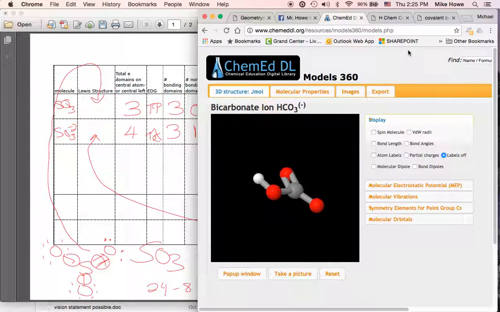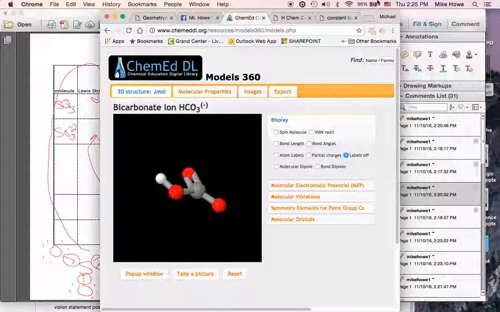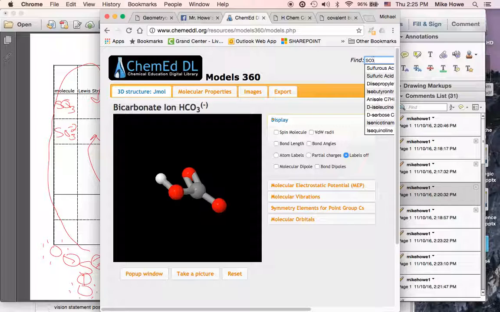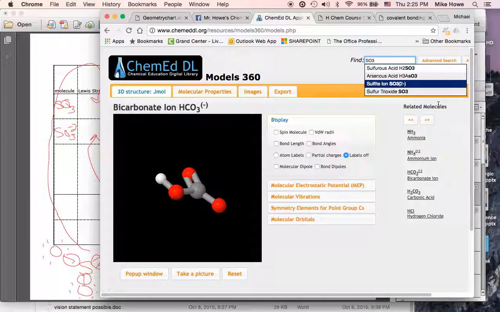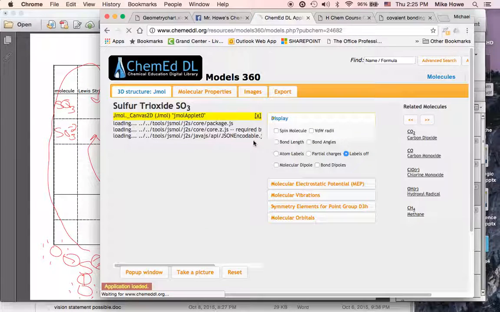Looks like that. So if I was to type in what I'm looking for, say SO3, I have 2 possibilities. I have the sulfide ion, that's SO3 negative 2, and I have sulfur trioxide. When you pull this up, it's going to show us a picture that doesn't look quite like what I drew.